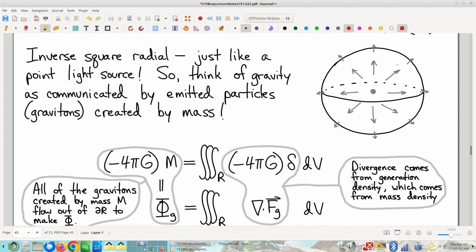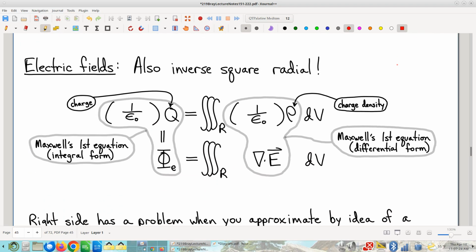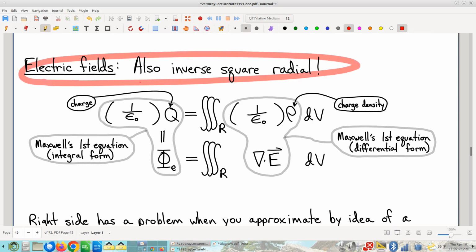Practically all engineers need to understand electric fields. And here's the big point. Electric fields are also inverse square radial. They're structurally the same as gravitational fields. This is something I noticed when I was y'all's age, and it occurred to me, oh my God, that's a really convenient little connection. Electric fields are just like gravitational fields.